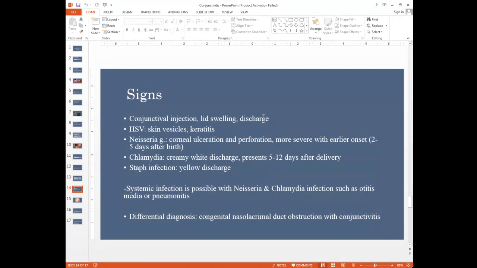In a neonate, in the first 4 weeks of life, if the child presents with a discharge, it might not just be conjunctivitis, it may also be a nasolacrimal duct obstruction, which is congenital. But the difference is that with NLD obstruction, it's unilateral. It doesn't usually even have a lot of lid swelling. Those are the features.